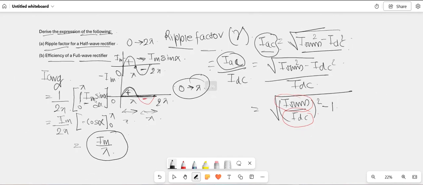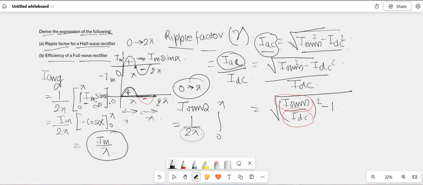Now, if we want to calculate the RMS value, the calculation will be similar. But the total time period will remain the same, 1 by 2 pi, since the total time period is 2 pi. We will do the integration from 0 to pi.